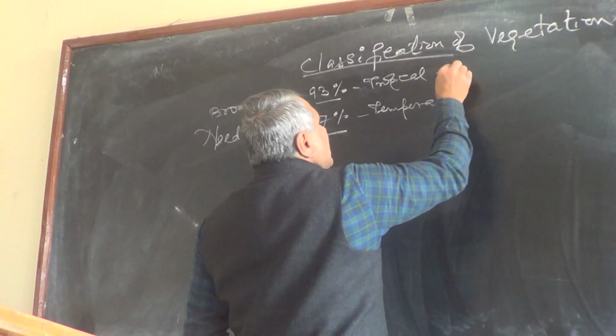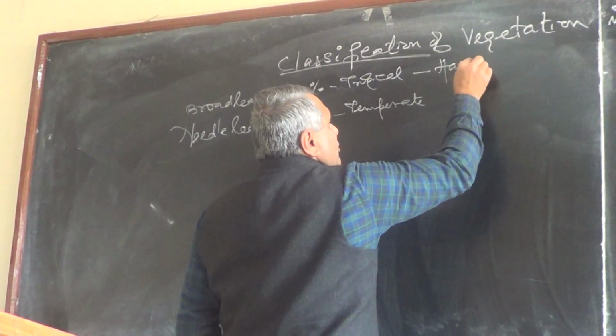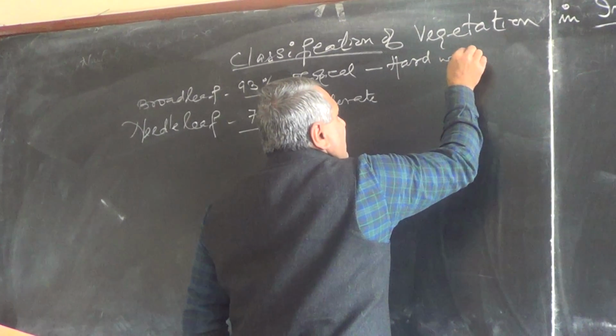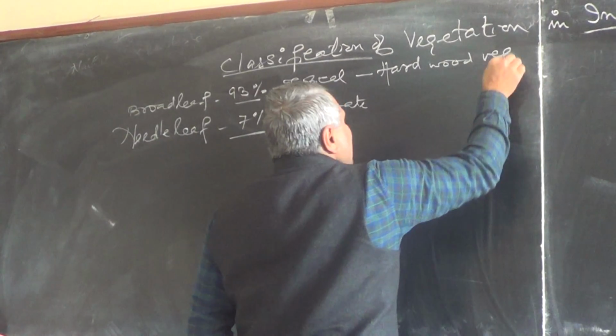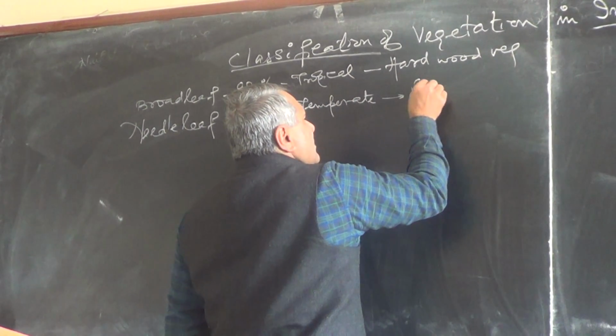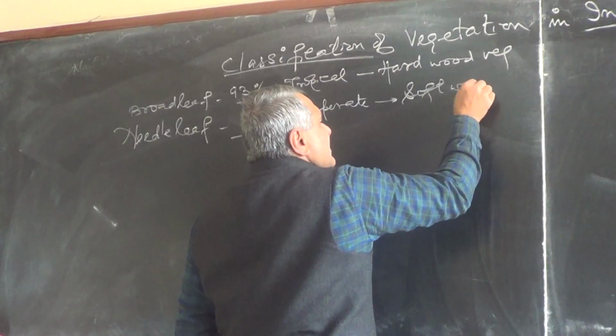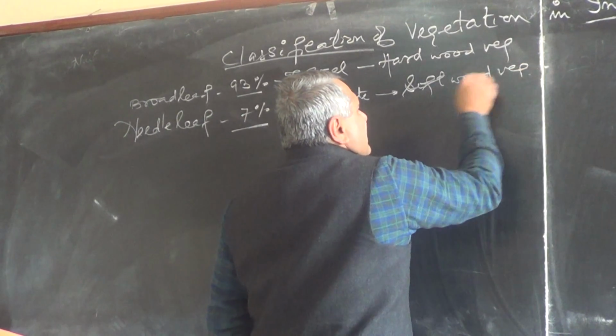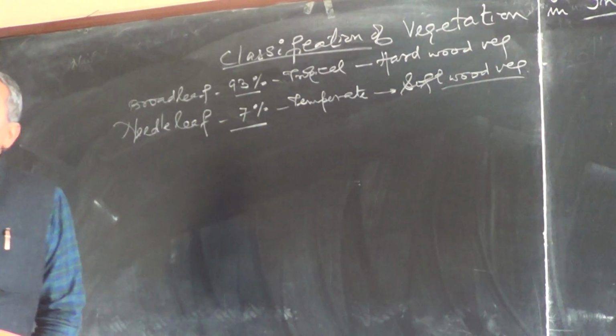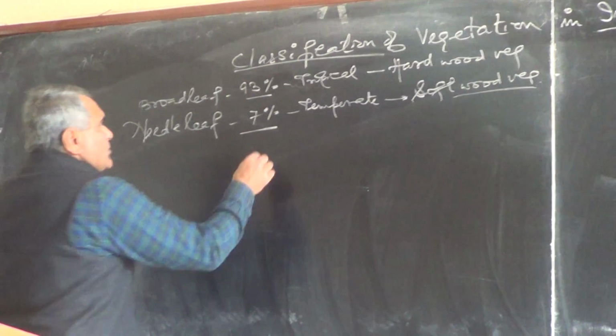Tropical vegetation is also known as hardwood vegetation, and temperate vegetation is also known as softwood vegetation. So we have two types of vegetation.